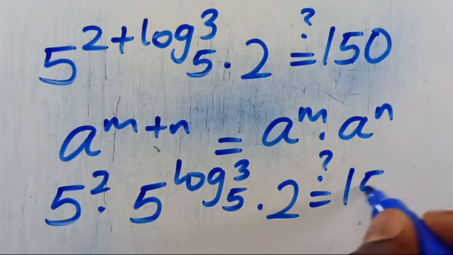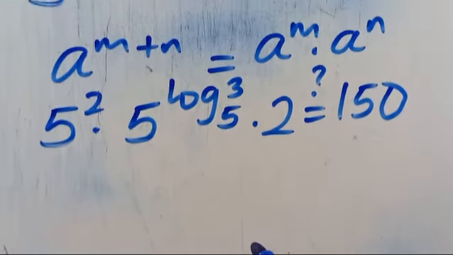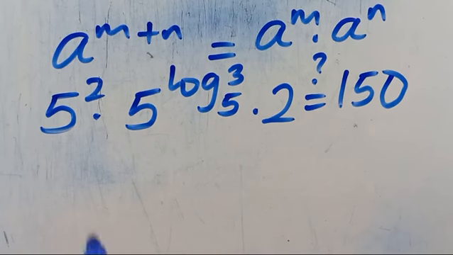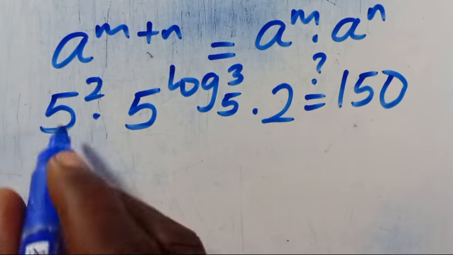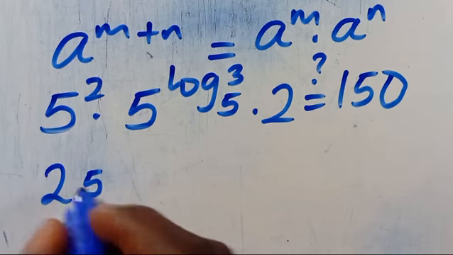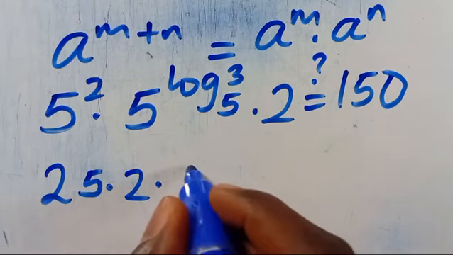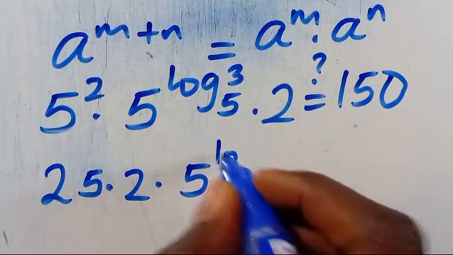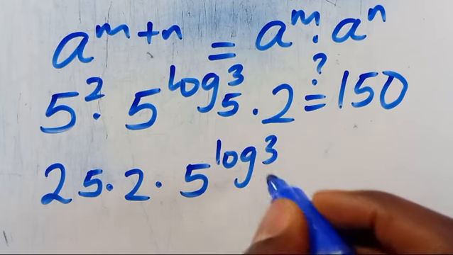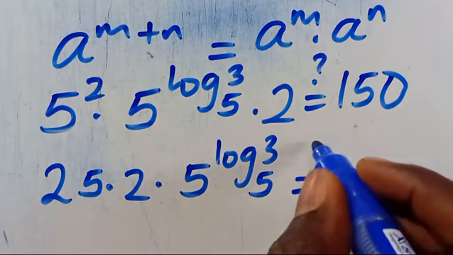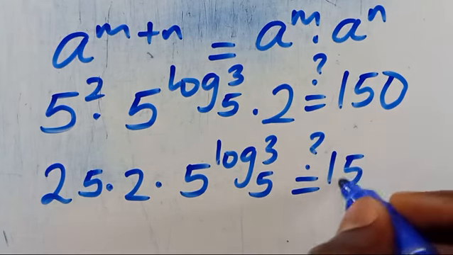So it's going to give us 150. 5 to the power of 2 gives us 5 times 5, which is 25, times 2 times 5 to the power of log 3 in base 5. Then it's going to give us 150.